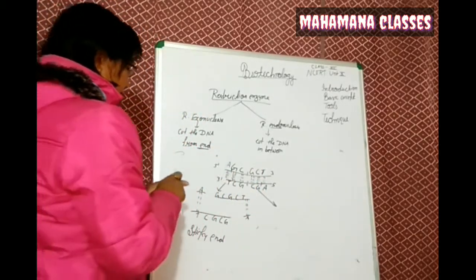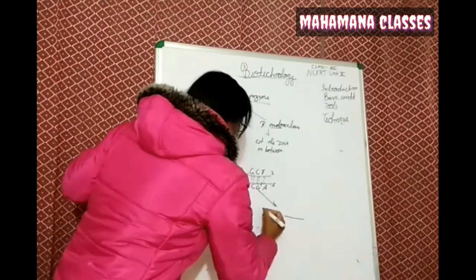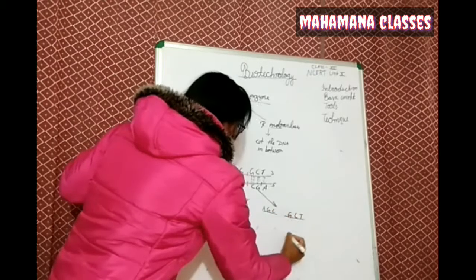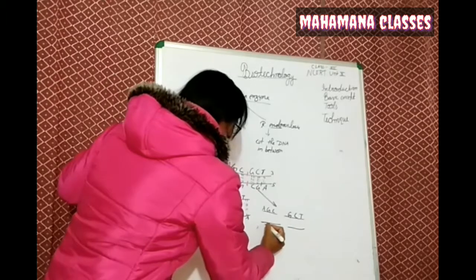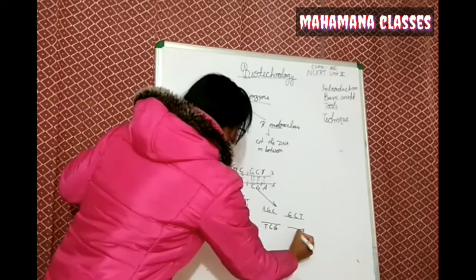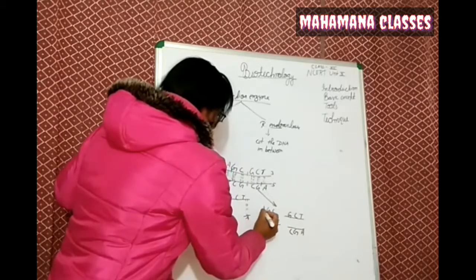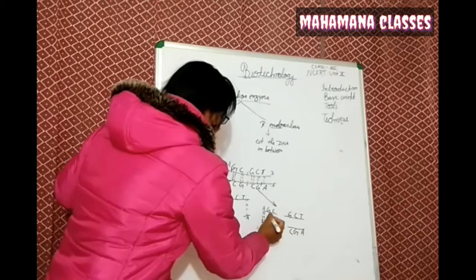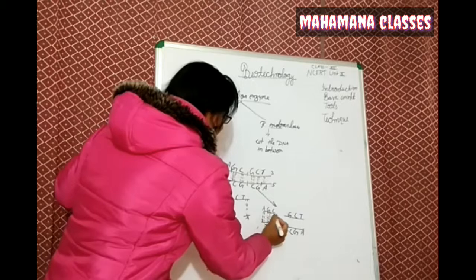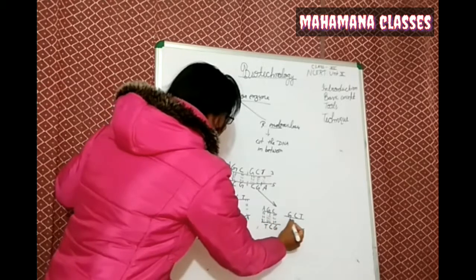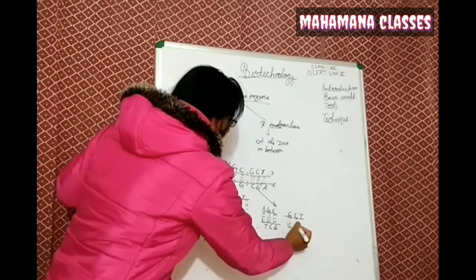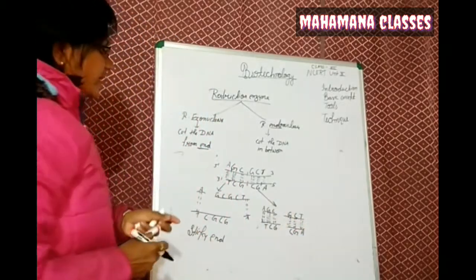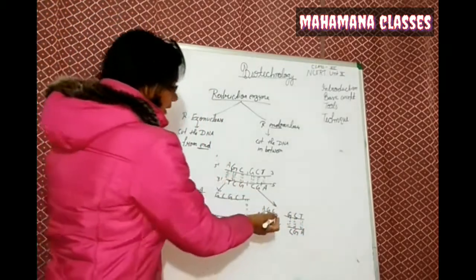Then we get our DNA segments, AGC and TCG, and the same on the other side, with double and triple hydrogen bonds. Hydrogen bonds are always represented by dotted lines.